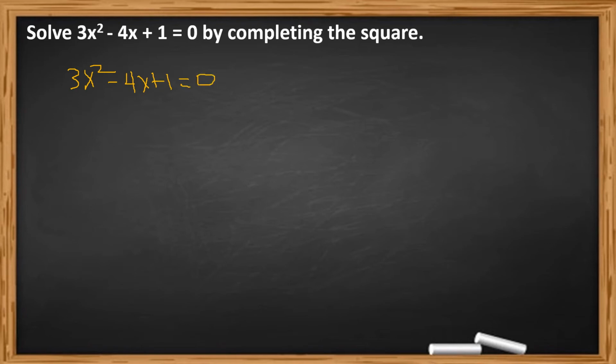Okay, ganito. Pag mayroong numerical coefficient ang ating quadratic term na greater than 1, kagaya nito, 3. So, ang gawin lang natin ay eliminate muna natin yung numerical coefficient na yan. At dapat ma-transform natin siya sa 1. So, paano?